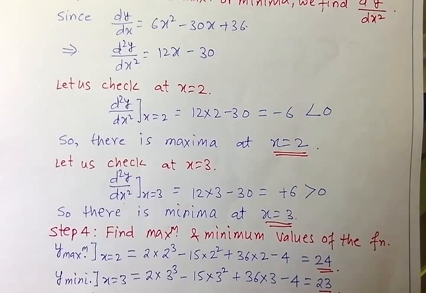Similarly, there is minima at 3, so by substituting the value 3 we get the minimum value. So y minimum at x is equal to 3 is 2 into 3 cube minus 15 into 3 square plus 36 into 3 minus 4, and the answer becomes 23. So this way we have to solve. If it is asked to find the maximum and minimum value, then the maximum value is 24 and the minimum value is 23.